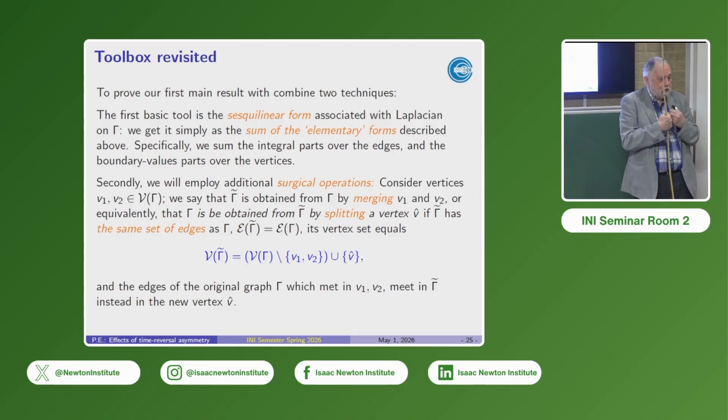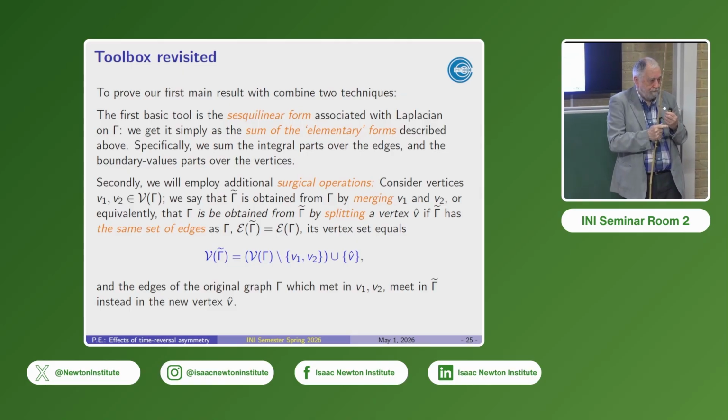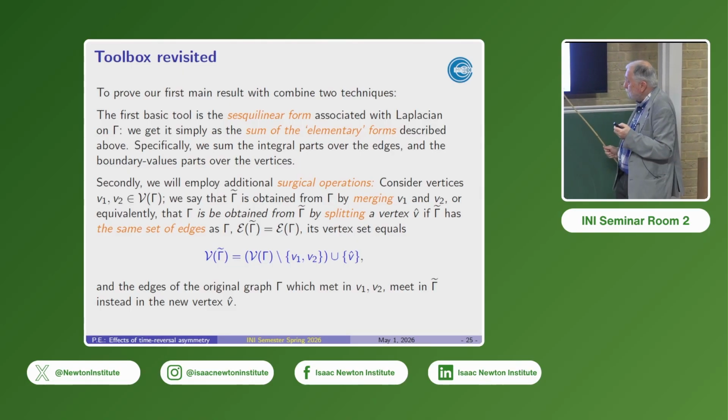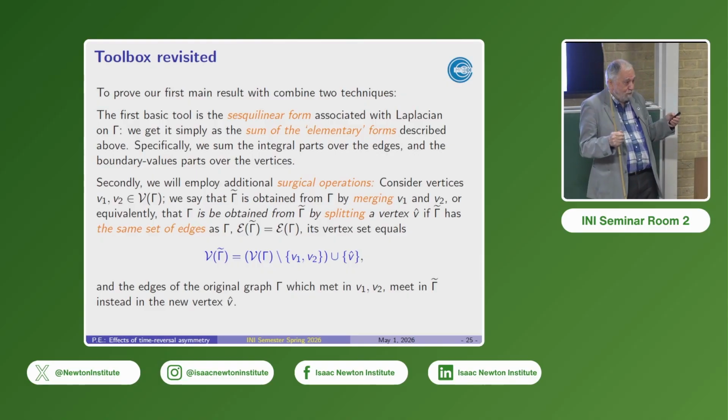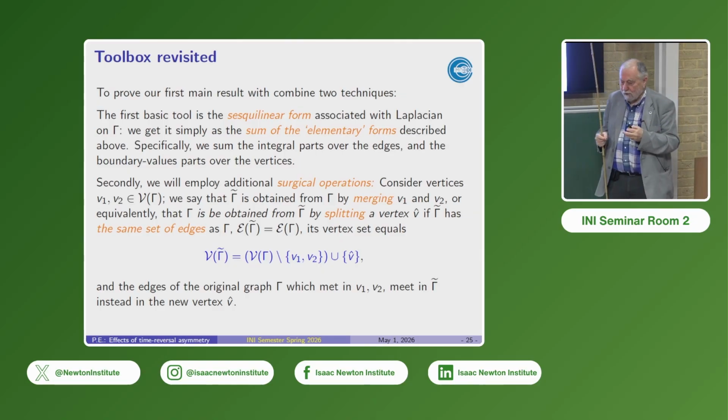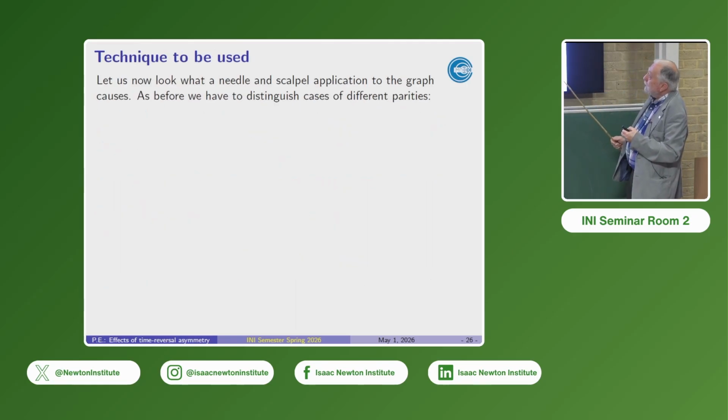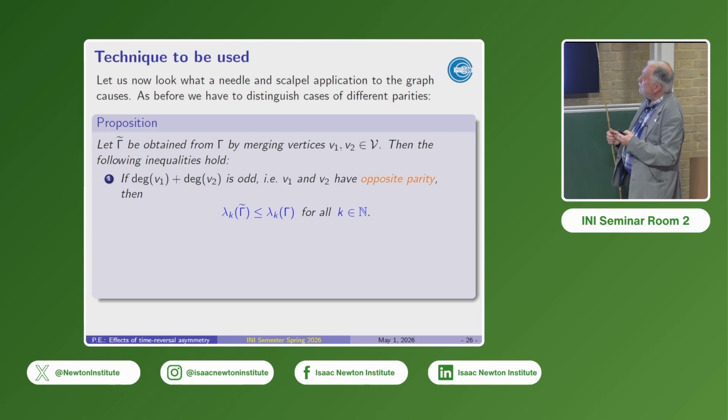I mean, merging them or splitting them. Here is a formal definition, but you know what I mean. I take 2 vertices and put them together, joining all the edges from the 2 to one single vertex, or I cut it and produce from a single vertex 2 vertices.